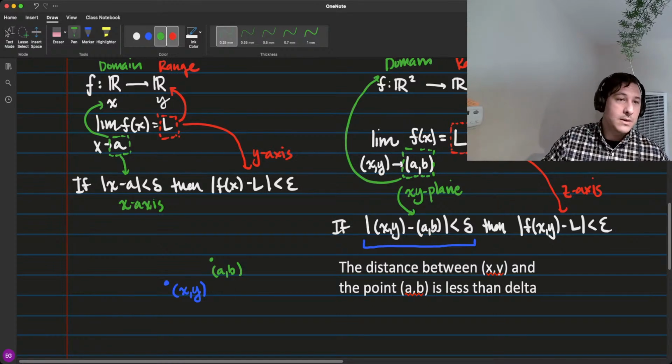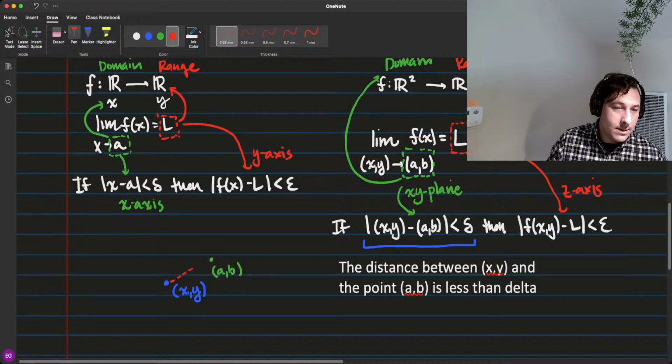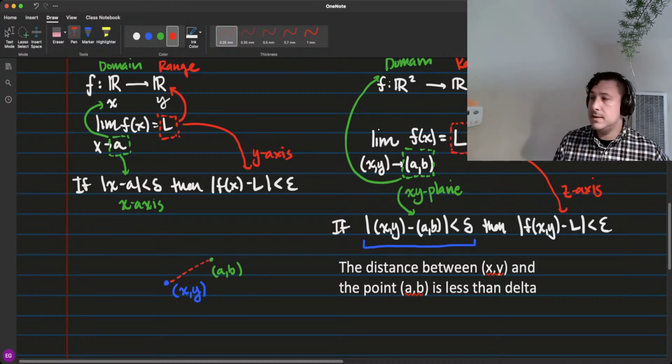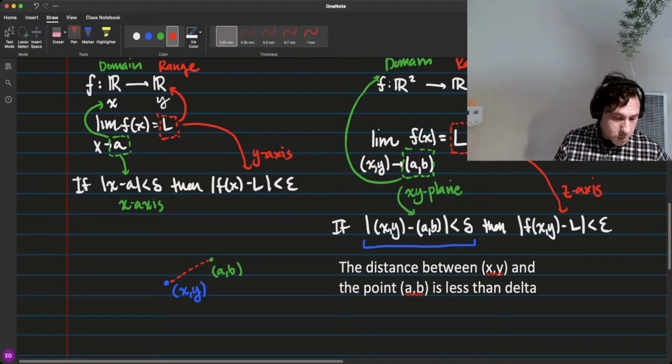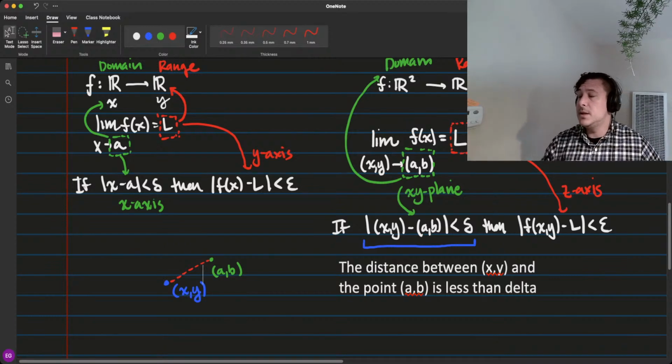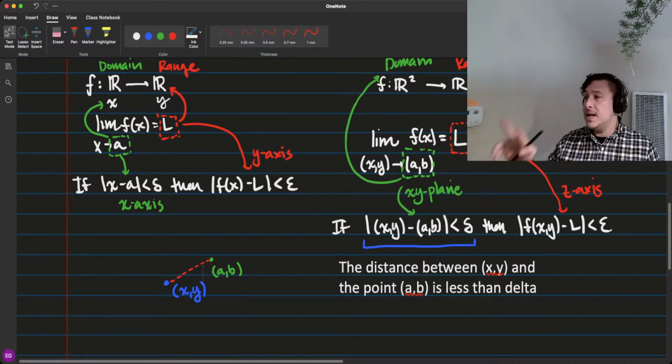So if you look at the distance between them, what's the biggest that distance can get? No. Those are the two points. So x comma y is one of the points in blue. A comma b is the other point in green. I'm saying the distance between them needs to be less than what, apparently?